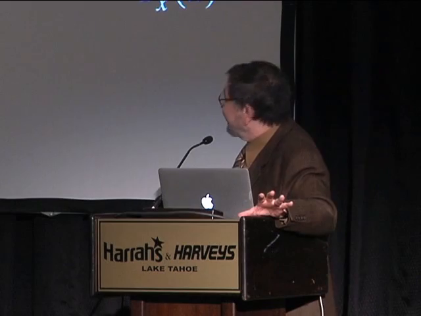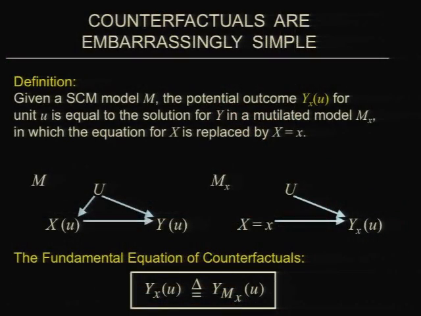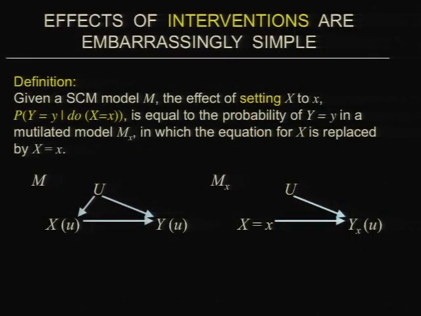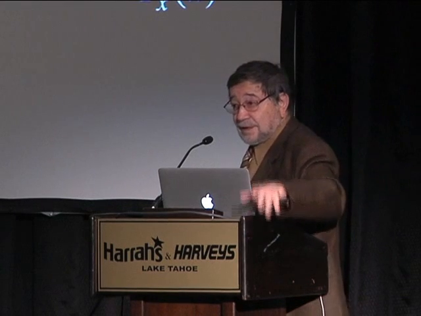Now that I convinced you, I will now convince you that all interventional problems can be answered in the same way. Suppose I ask the question, what will be the probability of y given that I do x? I intervene.